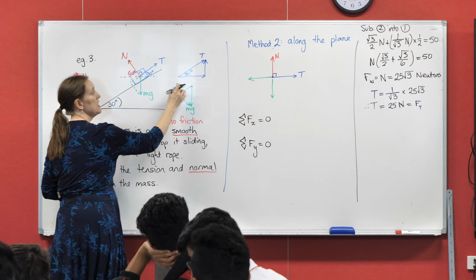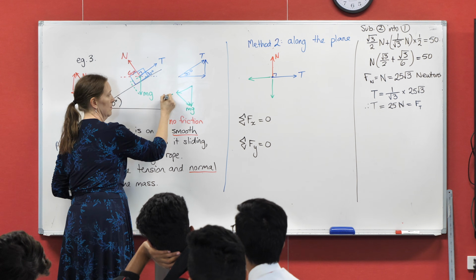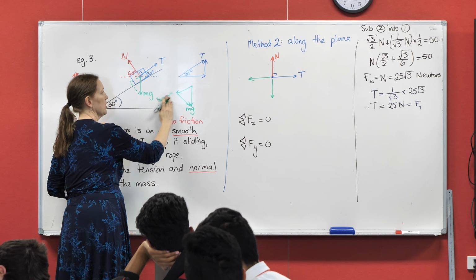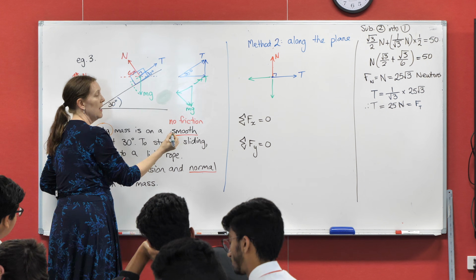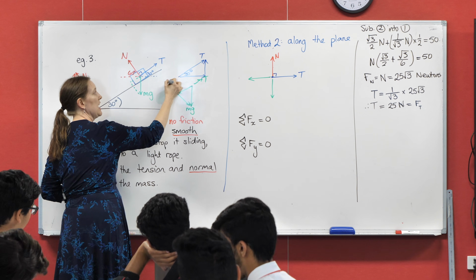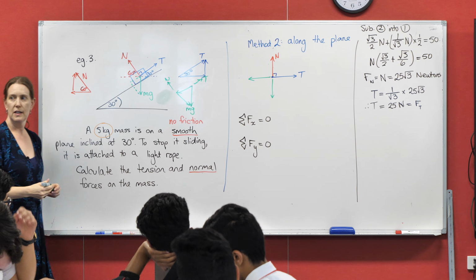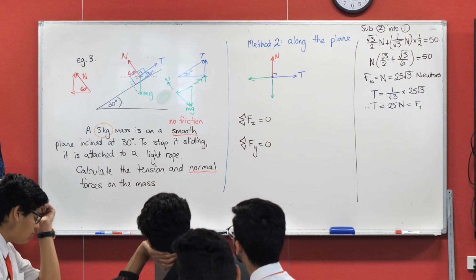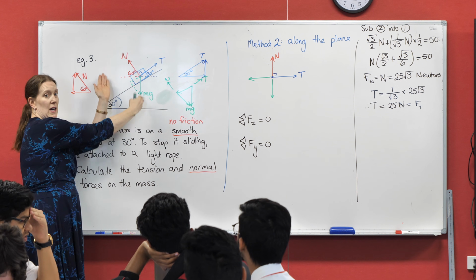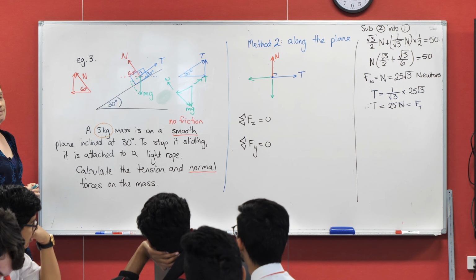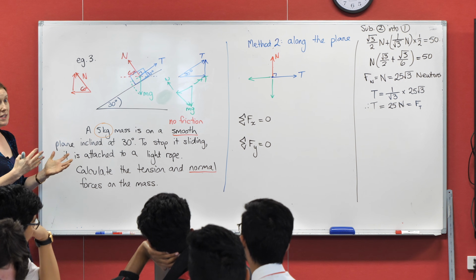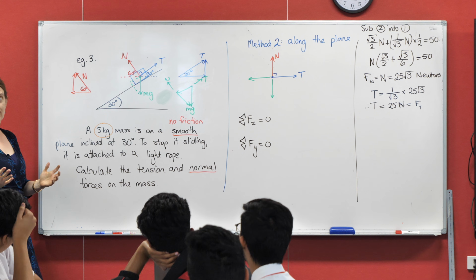So they are like this and this. Where this is in the T direction, well, actually, T is that way, and this is in the N direction. Are we okay? Where are my angles? One of them 60, one of them 30.